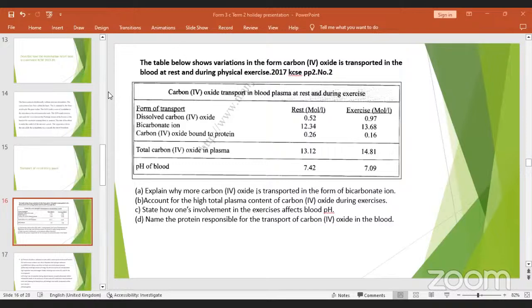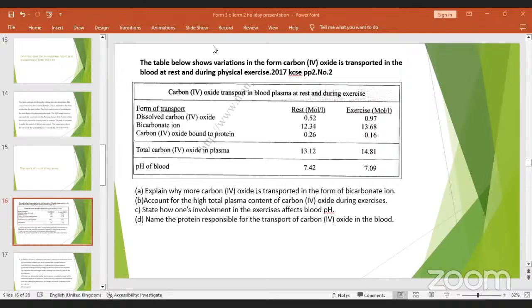If we are together, somebody read for me question D. John Paul. Name the protein responsible for the transport of carbon dioxide in blood. Which protein is responsible for transport of carbon dioxide in the blood? Somebody respond.